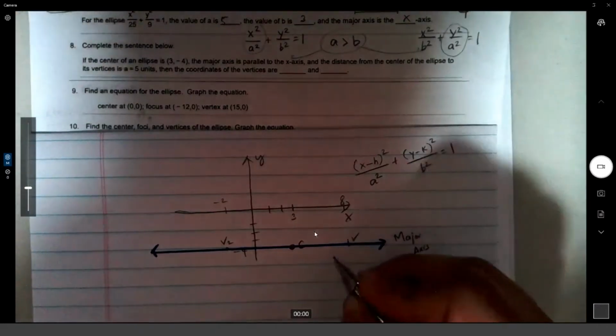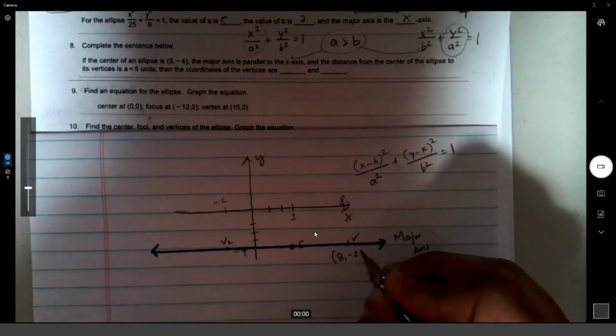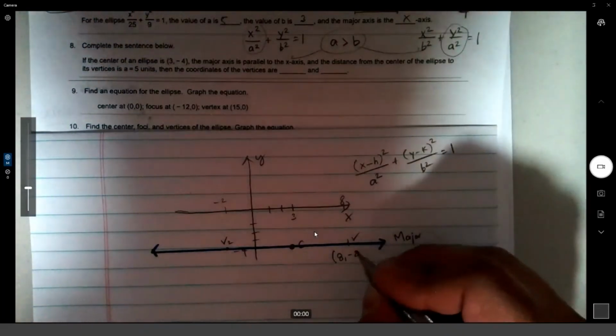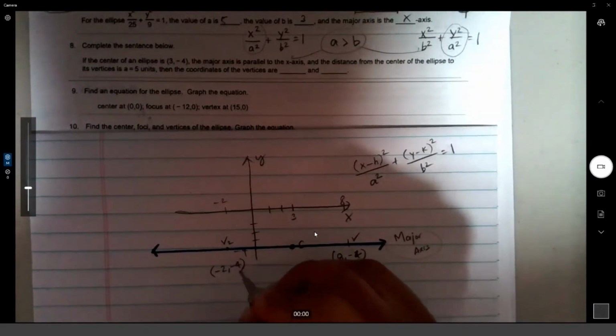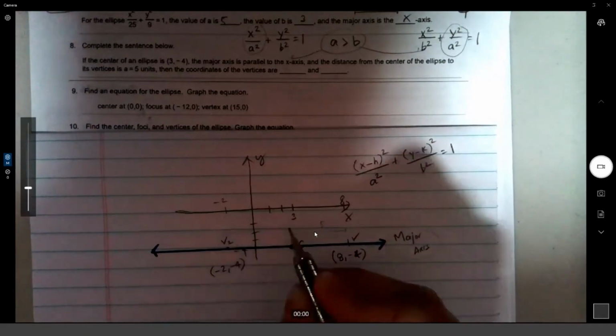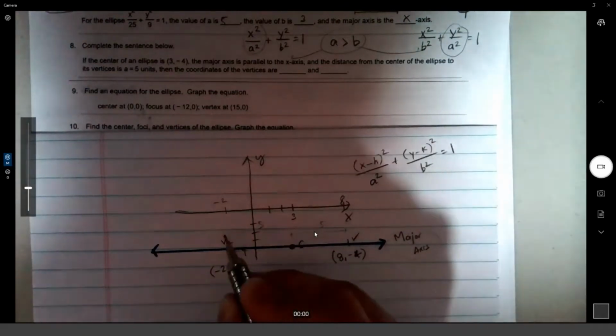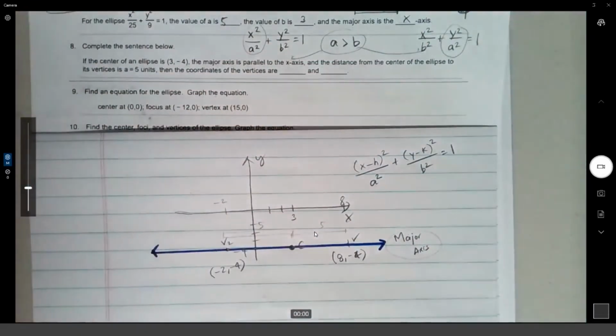So the vertices will have ordered pairs 8, comma, negative 4, and negative 2, comma, negative 4. So from here to here is 5. From here to here is also 5. All right, I think we answered that.